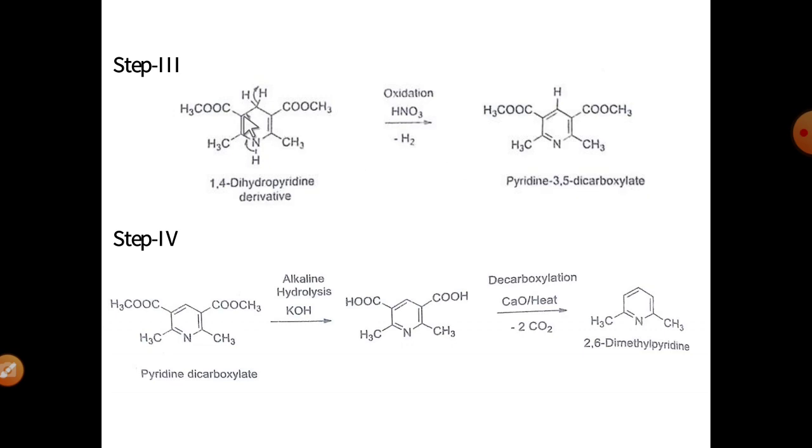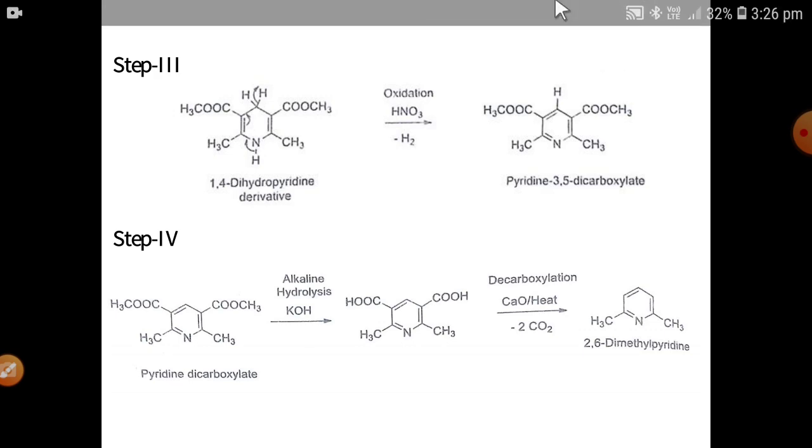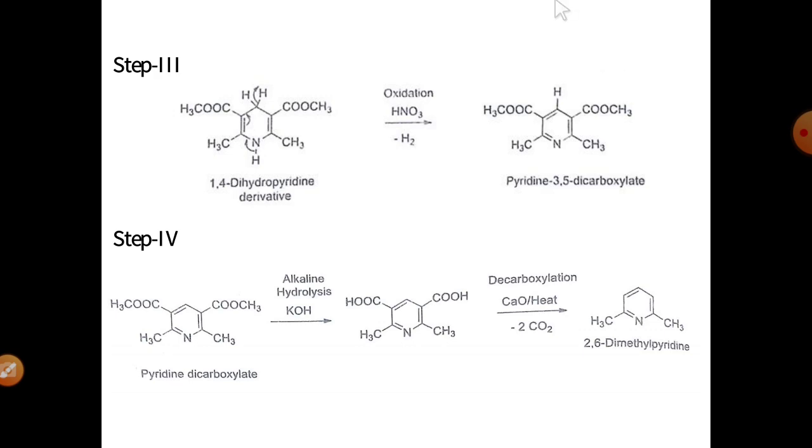See, there are only 2 double bonds, but oxidation in presence of nitric acid, HNO3, causes loss of hydrogen, and it gives finally the pyridine 3,5-dicarboxylate ion. And the number fourth step: this dicarboxylate ester on alkaline hydrolysis is converted into carboxylic acid, and the decarboxylation of this carboxylic acid gives the 2,6-dimethyl pyridine molecule. This is the number fourth step.